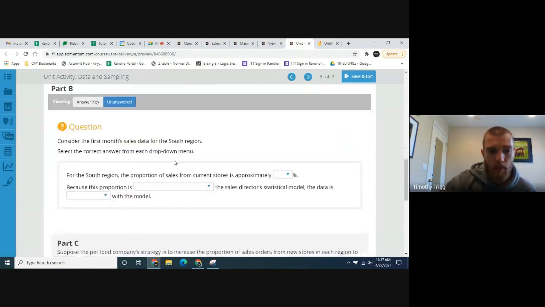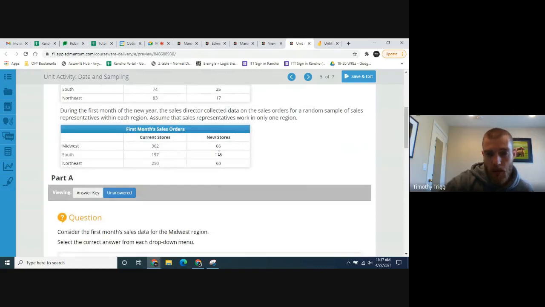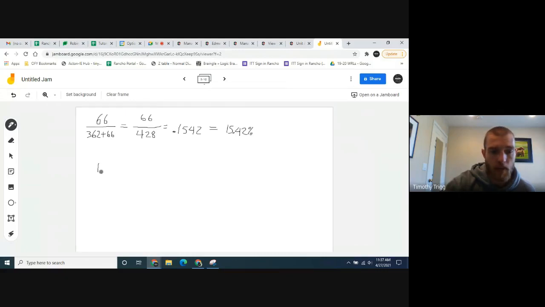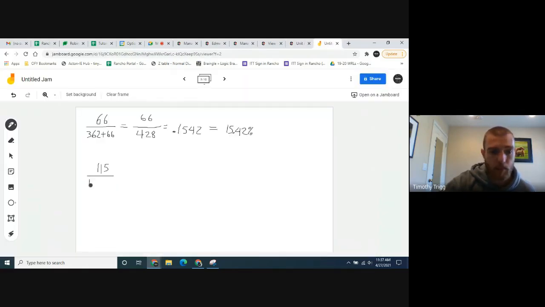So for the South region, the proportion of sales is approximately, okay. So for the South region, let's see. So it was 115 from new stores. So for the South, 115 from new stores out of, and then it will be 197 plus 115. Okay, so this will be 115. And whatever I write here, you should probably write on your own on a separate piece of paper or somewhere else.